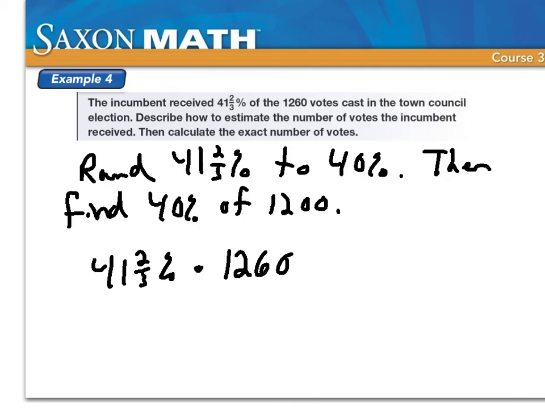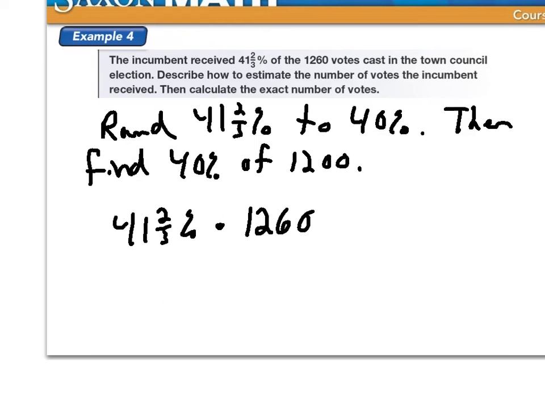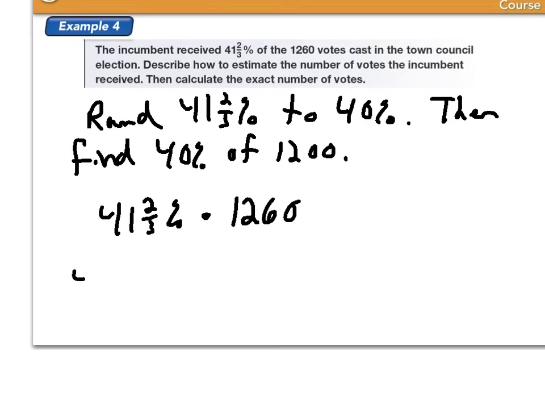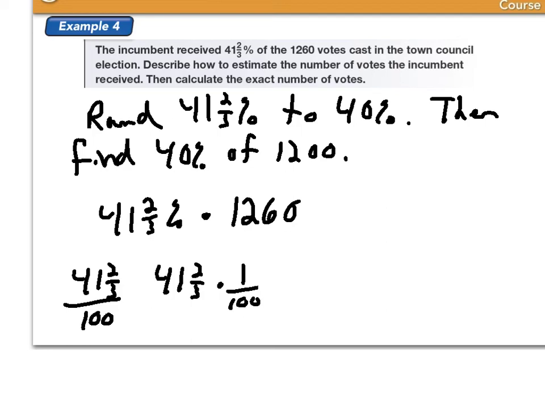There's many ways to do this, but first we need to get rid of this percent sign. So I'm going to change 41 2/3% to a fraction. We take 41 2/3 over 100, which is the same as 41 2/3 times 1 over 100.